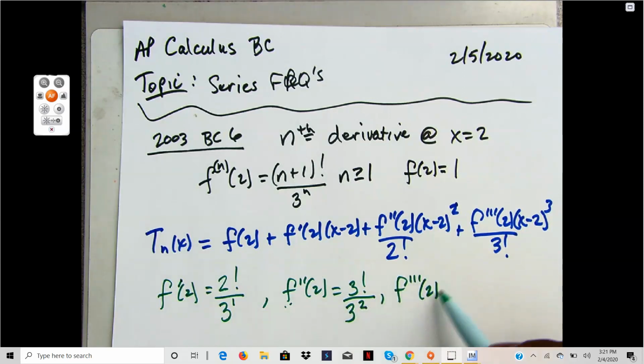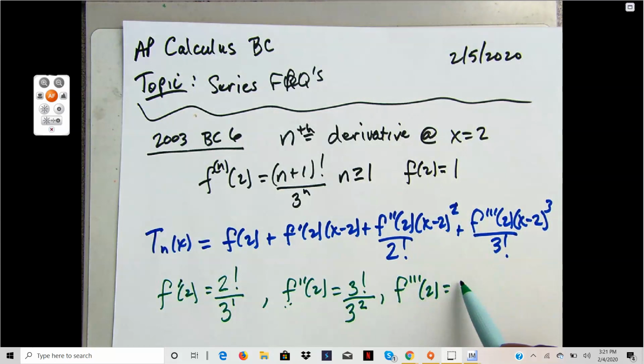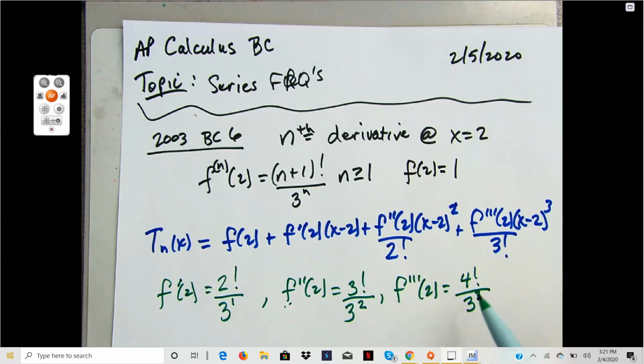Third derivative, that's when n is 3, 4 factorial divided by 3 to the third power, etc.